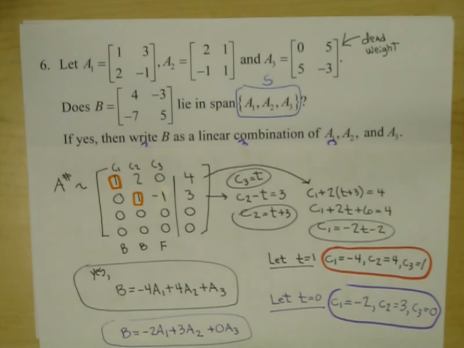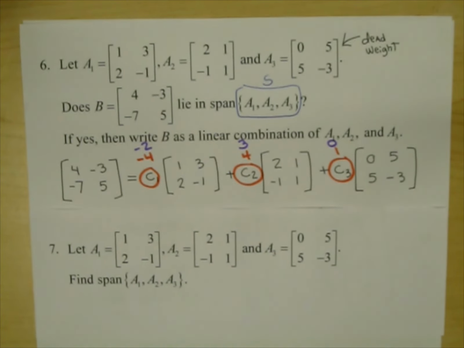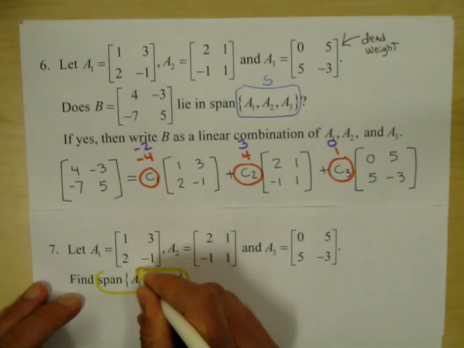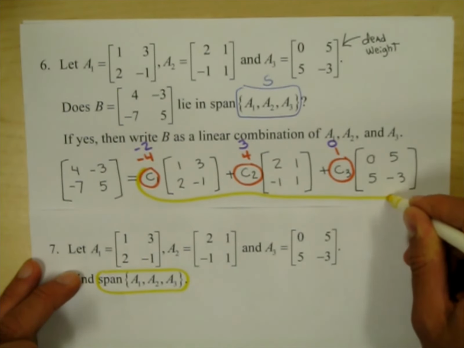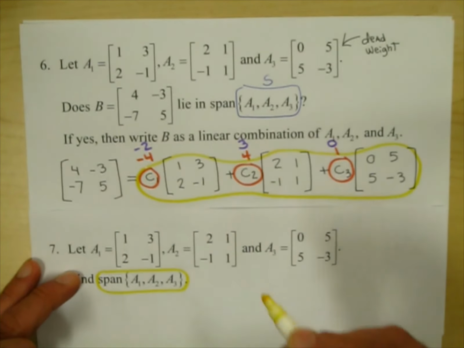You know what the next question is going to ask. The next question is going to give you the same vectors, which are elements of M2, 2 by 2 matrices, and they're going to say find the span of those. So this right here is really that right there.